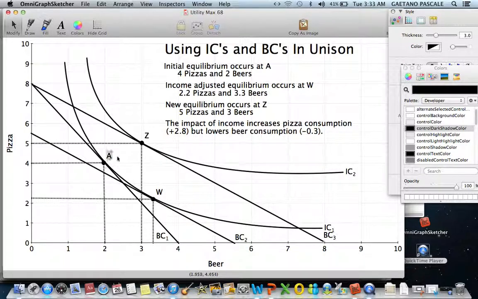The change from point A to point Z can be broken down into two separate components: the income effect and the substitution effect.